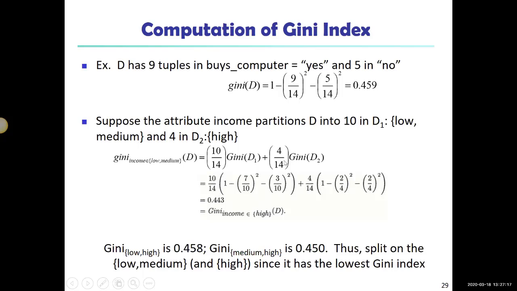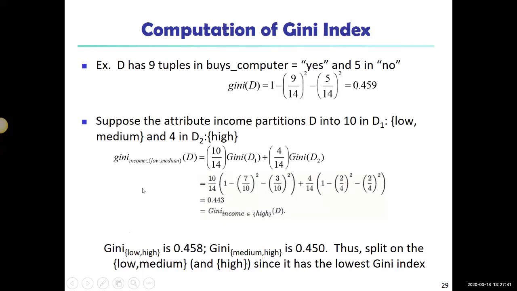These are the 2 branches, and we compute the Gini impurity index. And obviously, this should be the same as that, right? This is just the complementary set to that set.